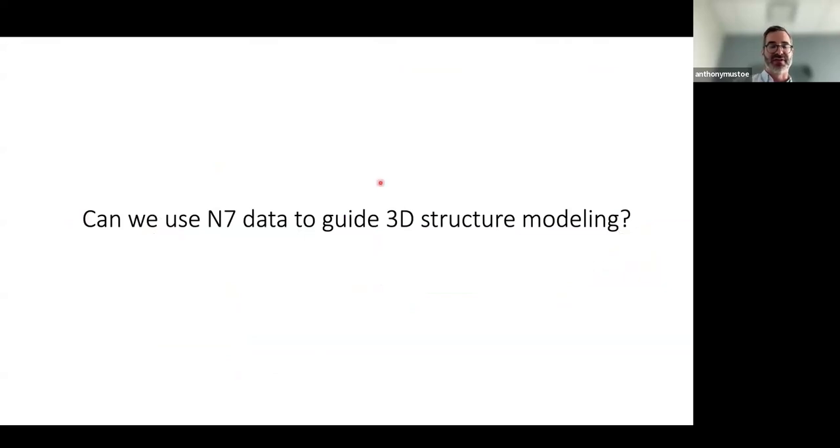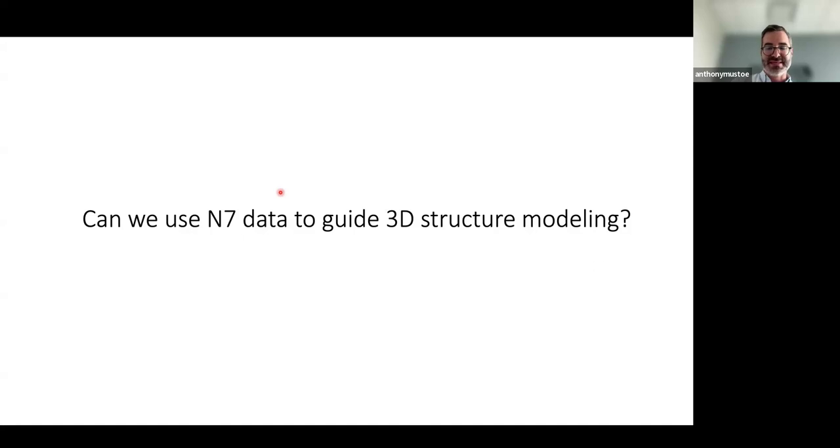Okay, so the second question that I'll touch on here is, can we use N7 data to guide 3D structure modeling? This is something that we definitely think is a possibility and that we're excited about. It's also something that reviewers wanted us to do.